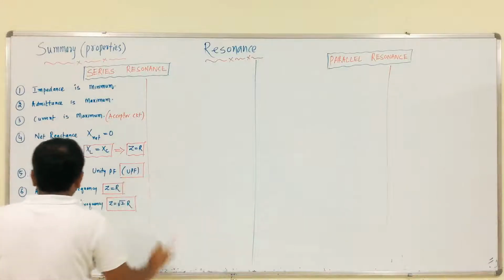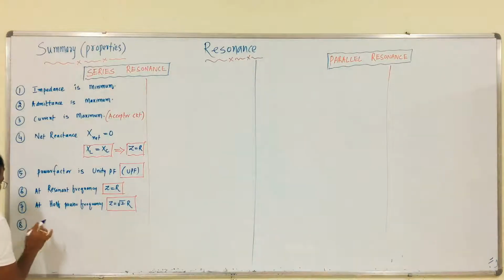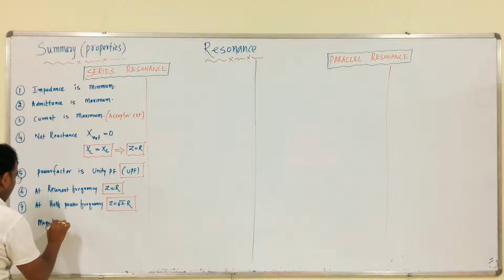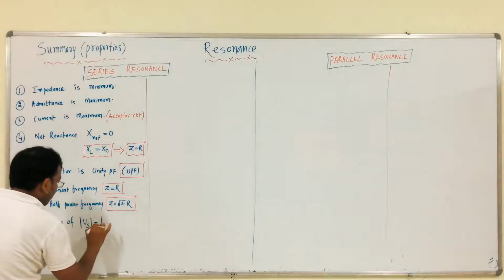Next we have what? Eighth point, magnitudes of supply voltage should be equal to what?